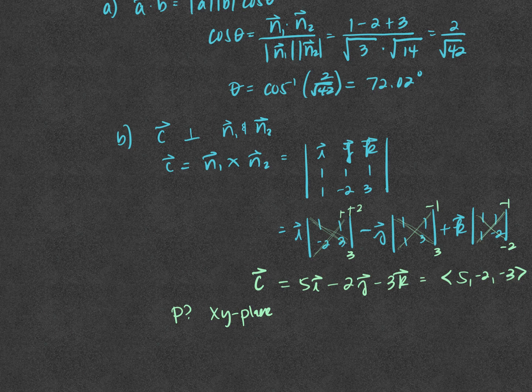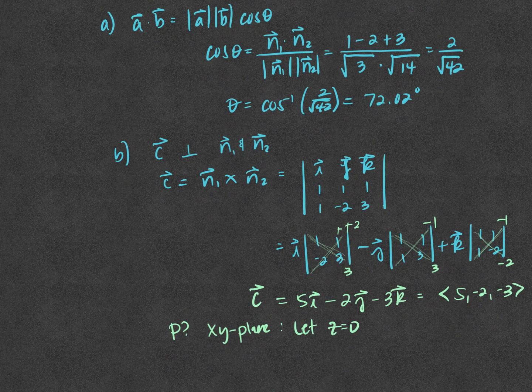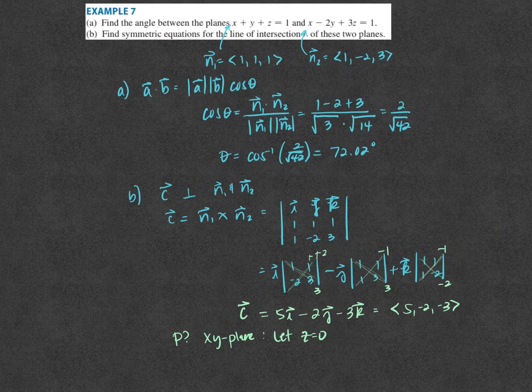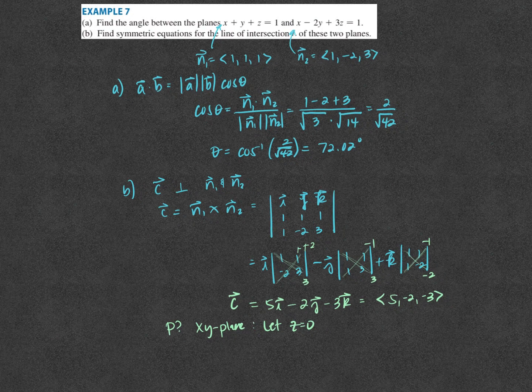So in order to do that, we're going to let z equal 0. And we're going to come back to the original equations. So let me zoom in here. So we're going to say x plus y plus 0 equals 1, and x minus 2y plus 0 equals 1.